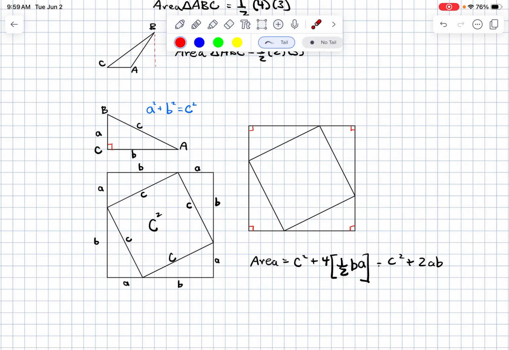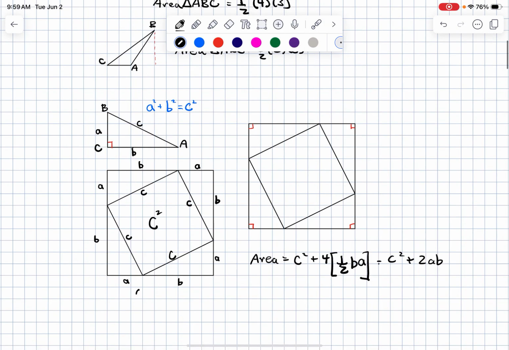Now, if I look at it a little differently, if I just do it with one move here, I've got a big square.